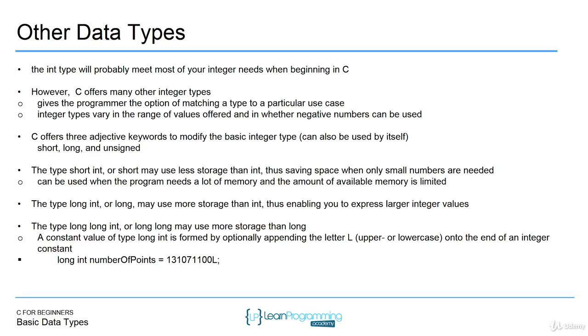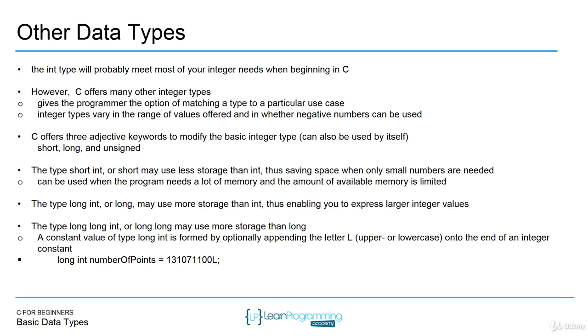You can assign values of these different types. A lot of them have different letters that you can append. So for example, if you're assigning a long constant value, you just put the capital L or the lowercase l at the end of it. And that will assign that value as a long. Same goes for the shorts.